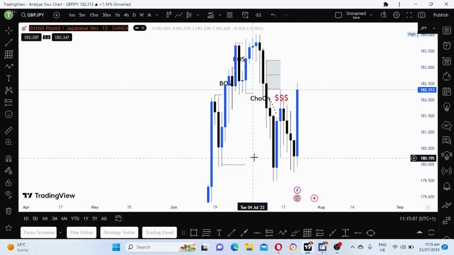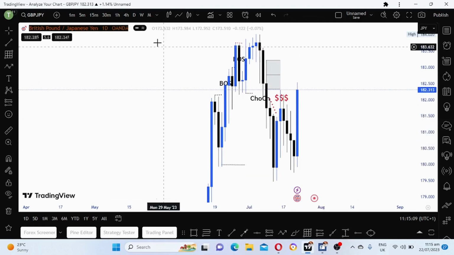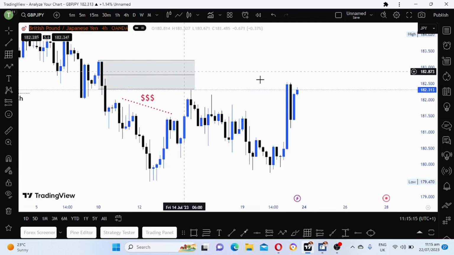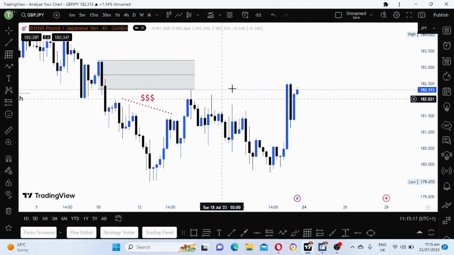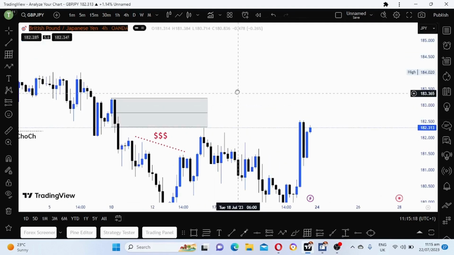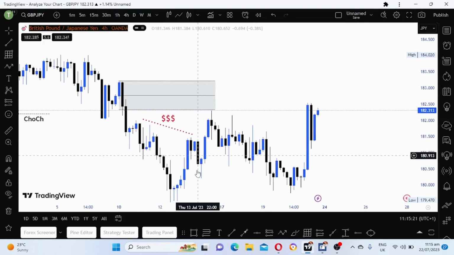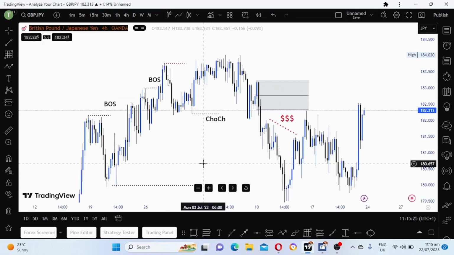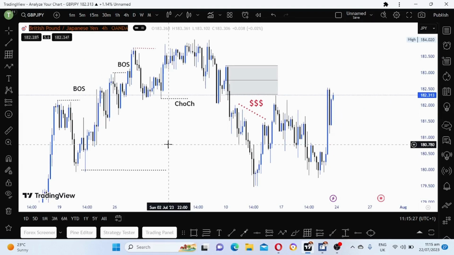So I will check what is happening there. So for now, we are not taking any trade on GBP JPY, because price is just consolidating around that area. We are not sure what is happening there. So that's my view on GBP JPY.